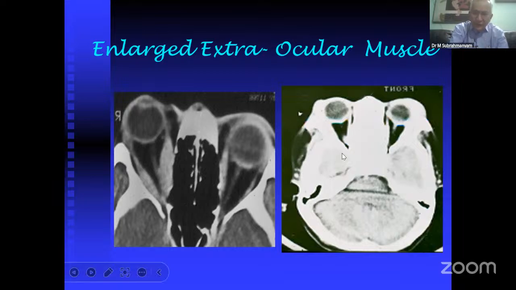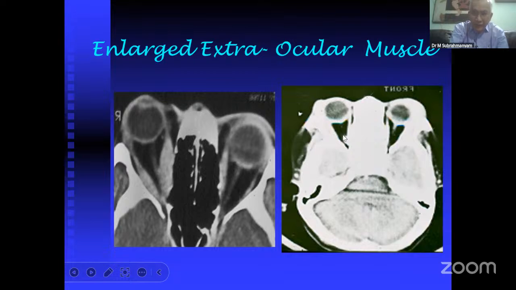Here, if you look, this is the myositis component involving the lateral rectus, which is contrast enhanced, and this involvement extends up to and onto the tendon. The tendon is also involved. Here, the lacrimal glands are enlarged. This is the lacrimal gland, which is in front, and this is also enhanced on contrast.